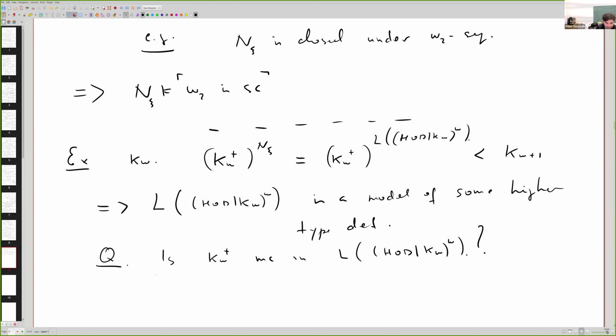I think this is a key point because, you see, when you keep adding, I don't know what kappa omega plus is, right? Well, okay, I know it's this thing, but it's definitely not kappa omega plus 1. I don't know anything about the cofinality of kappa omega plus. It could be a singular cardinal. So, for example, it's not known even if it's regular here, right? When you start adding these coin subsets, imagine you added coin subsets to all of these kappa i's, and you got to kappa omega.